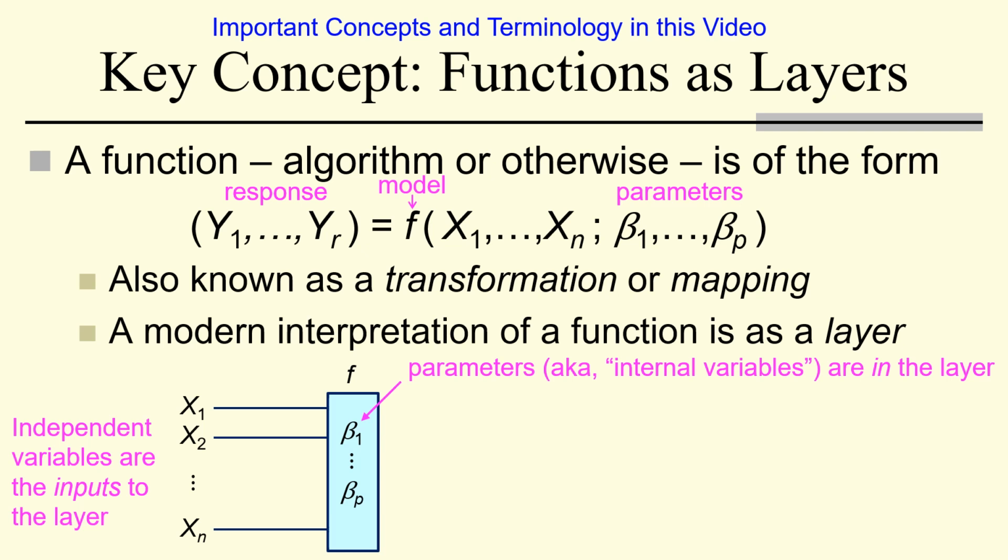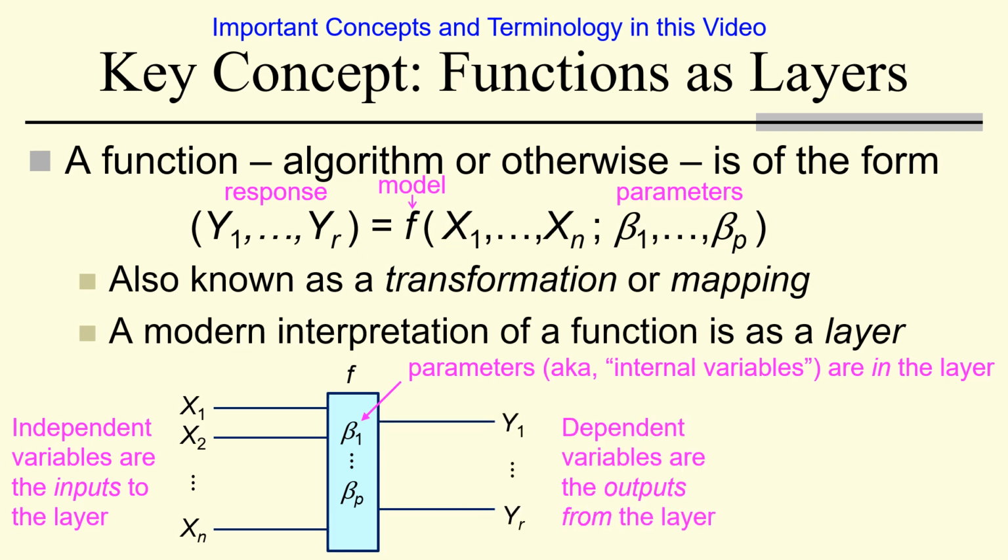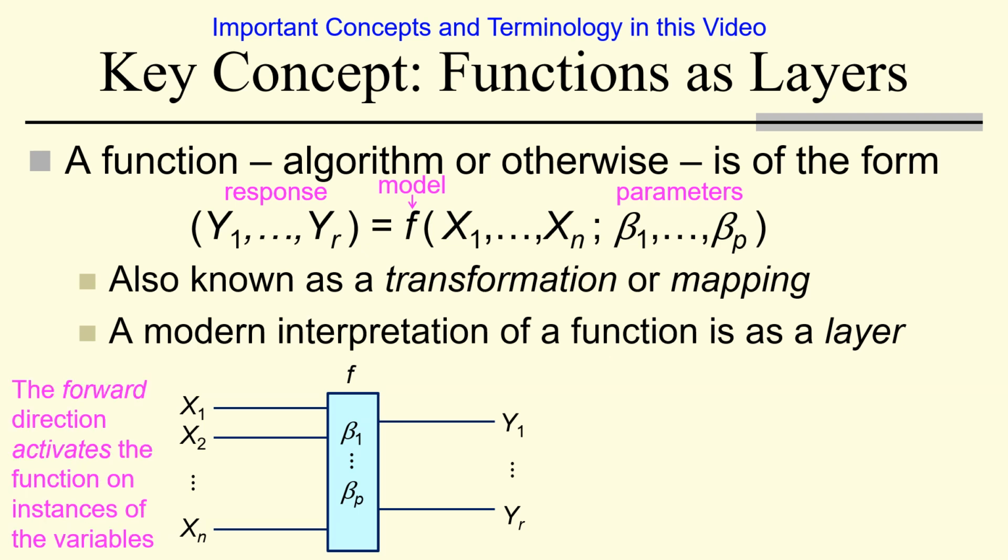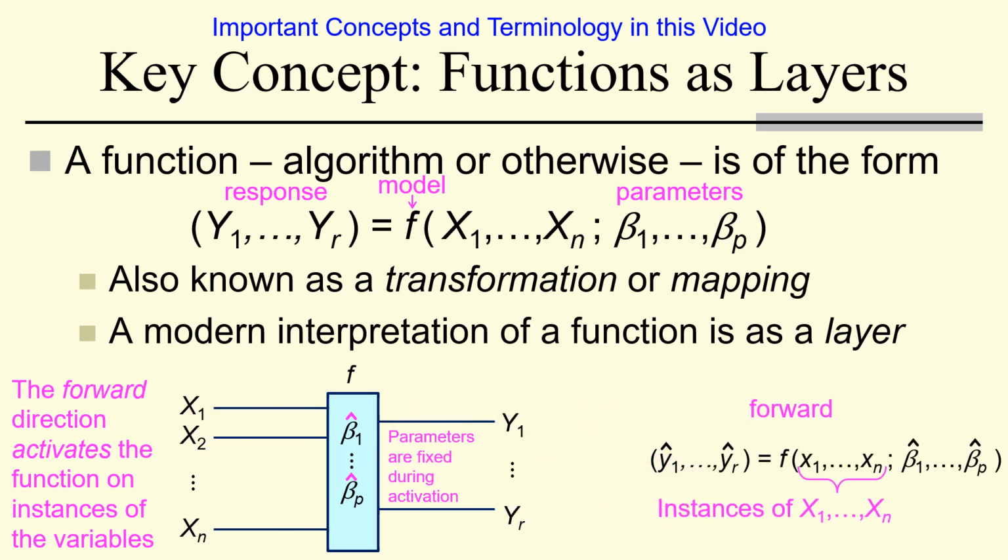So independent variables are inputs to the layer, and dependent variables are the outputs from the layer. The forward direction activates the function on instances of the variables. The parameters are fixed during activation. So we have these instances that move through and give us these y's. This is called feed forward or activation.